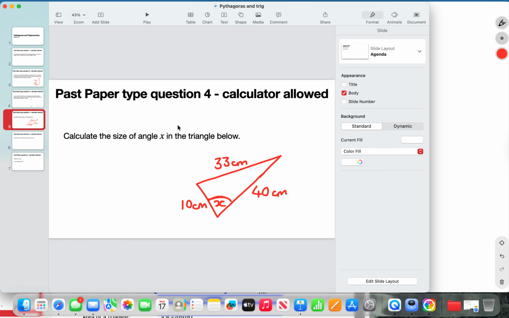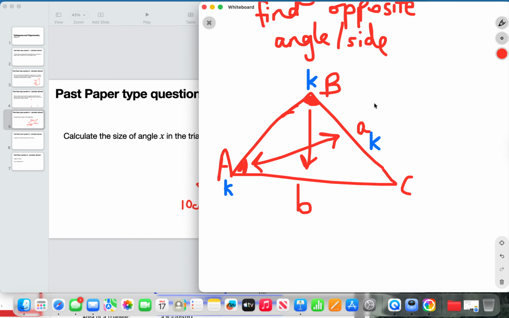But we don't have that information. We have 3 sides and we don't know any angles. So we need to know at least one of the angles already in order to use the sine rule, because you have to substitute in an angle that you know.